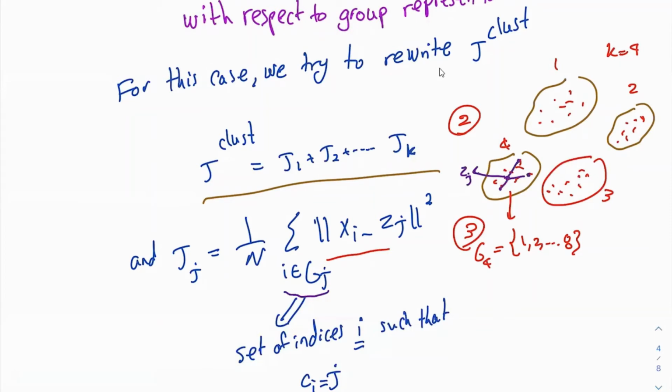So J4 is for group 4, it's going to be this G4, and then the distance between these points, xi minus z4, the group representative corresponding to cluster 4. So you do it for J1, J2, J3, and J4, and add them all together. That's going to be our J class.